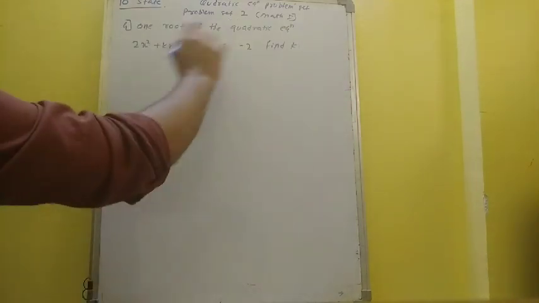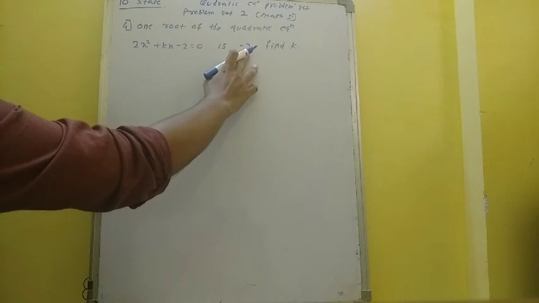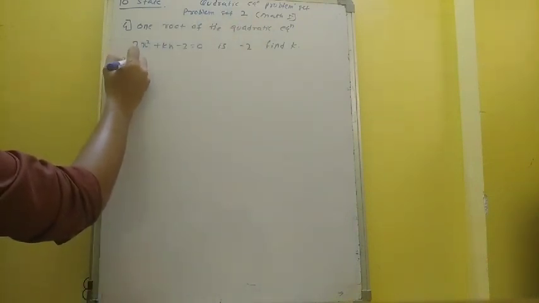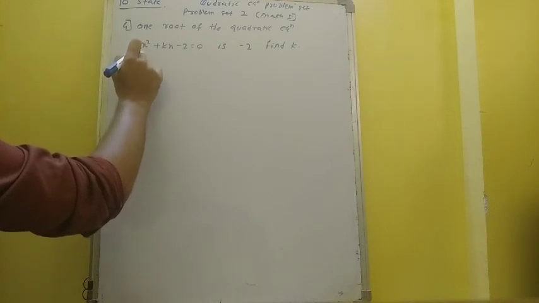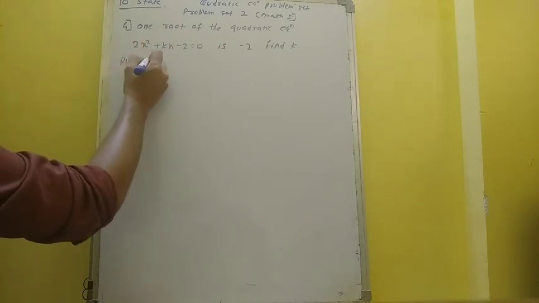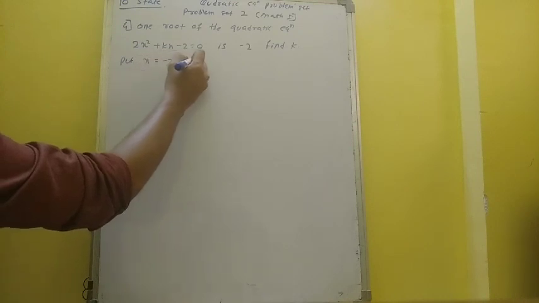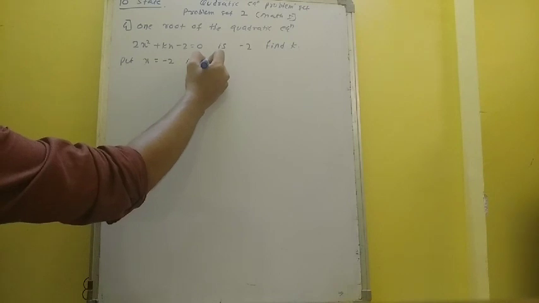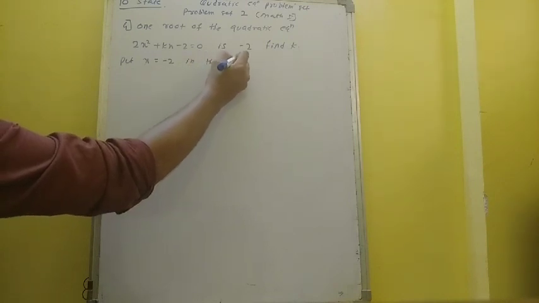Okay, so one root of the quadratic equation is minus 2. Find the value of k. So let's put in that one root is minus 2. We can substitute x is equal to minus 2 in the equation.